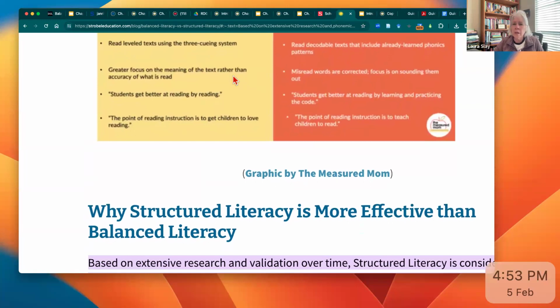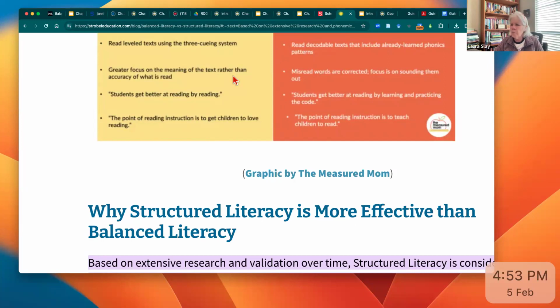That's where your Fountas Pinnell is, if you see those in districts. Even Jen Richardson talks about both sides, and she approaches very explicit teaching, but she does come from a balanced literacy background. I'm going to talk a little bit more about what she has to offer and how she addresses structured literacy.